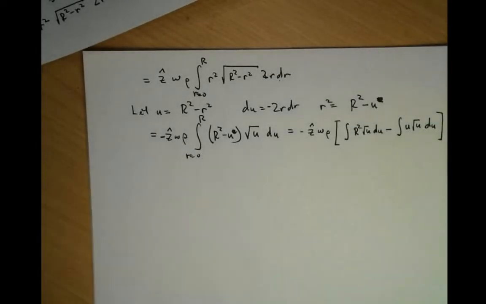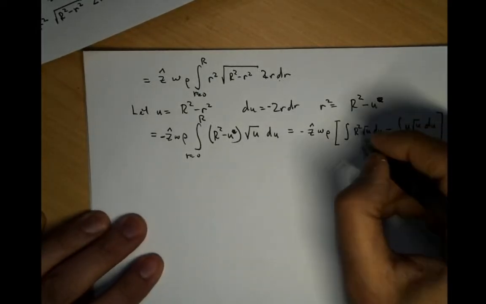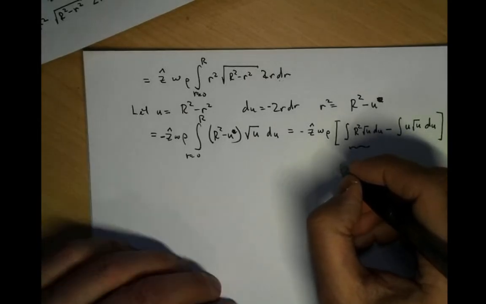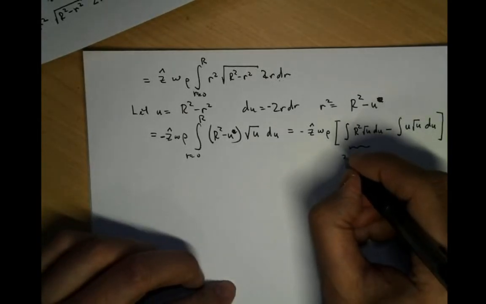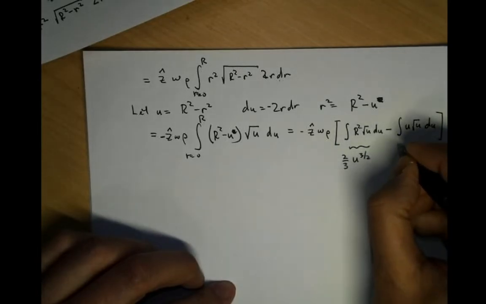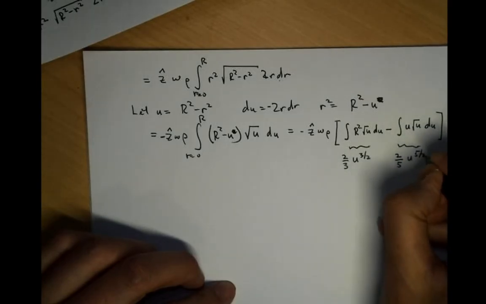Okay? So this thing here is going to give me a 2/3 u to the 3/2 power. And this thing here is going to give me a 2/5 u to the 5/2 power.